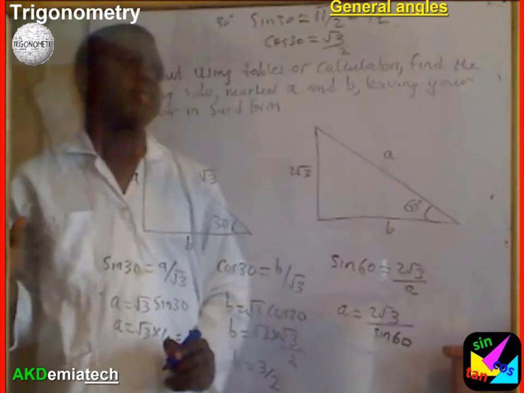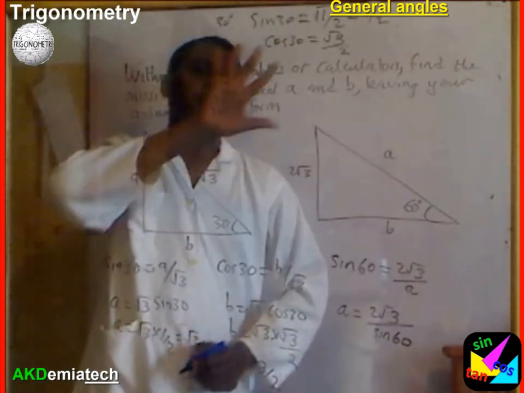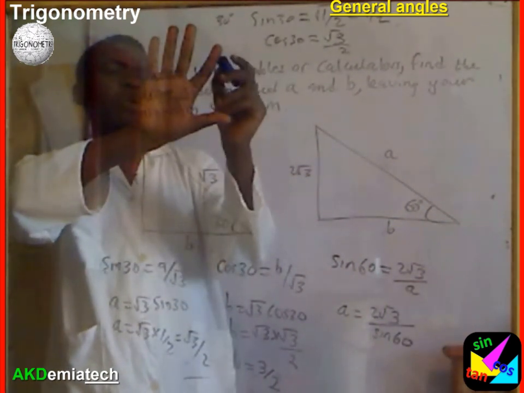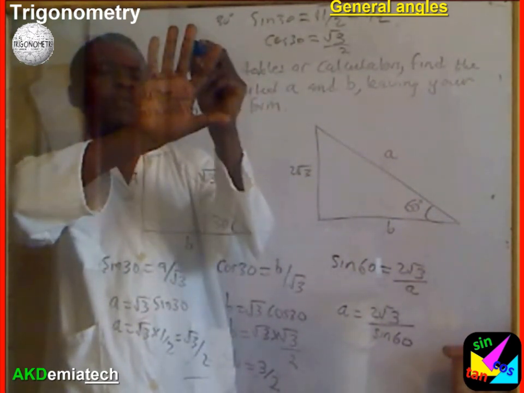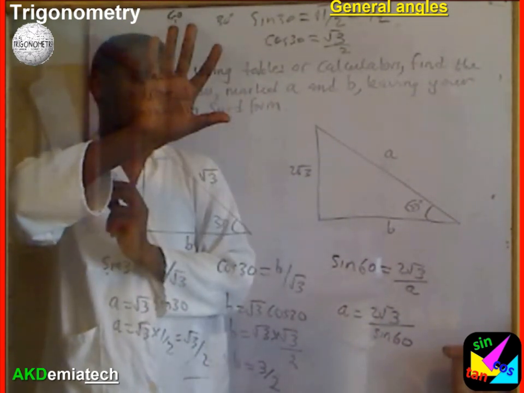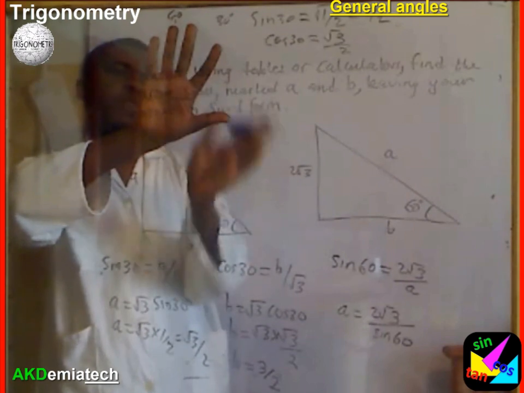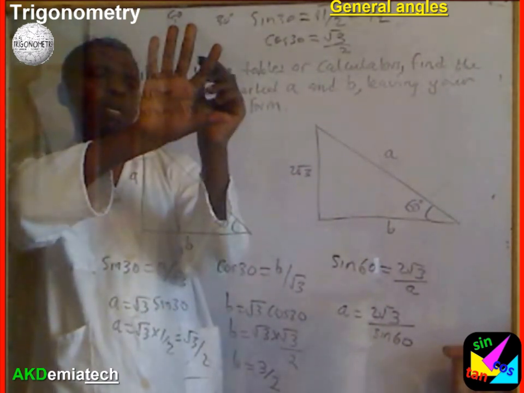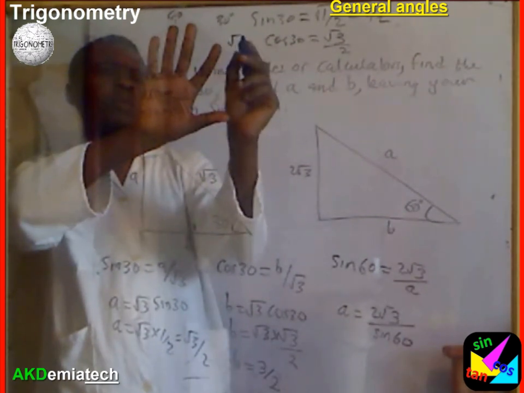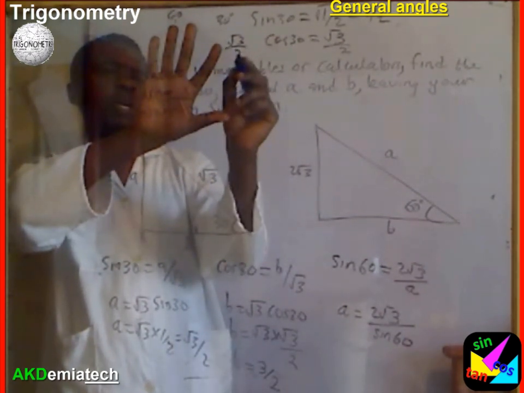What is sine 60? I use my fingers again. This is 0, 30, 45, 60. So 60 there. I'm looking for sine. I count the number of fingers this way. I have 1, 2, 3. So that is square root of 3 divided by 2.